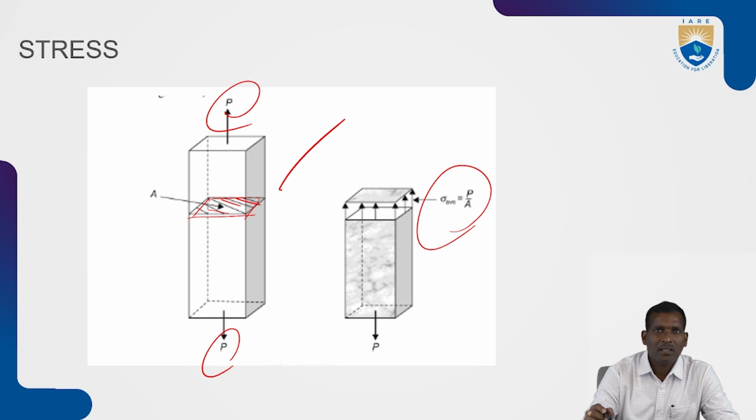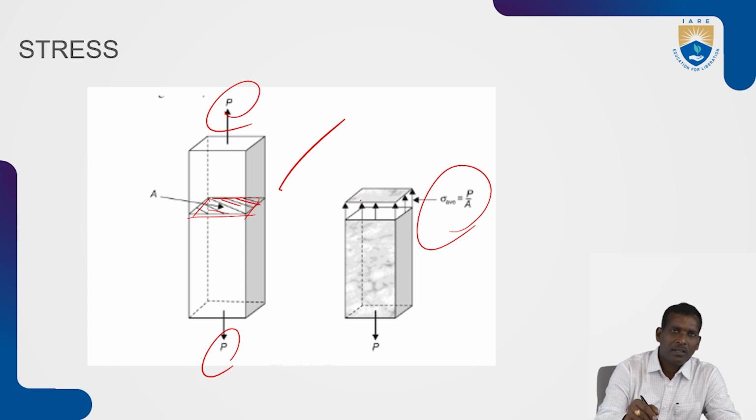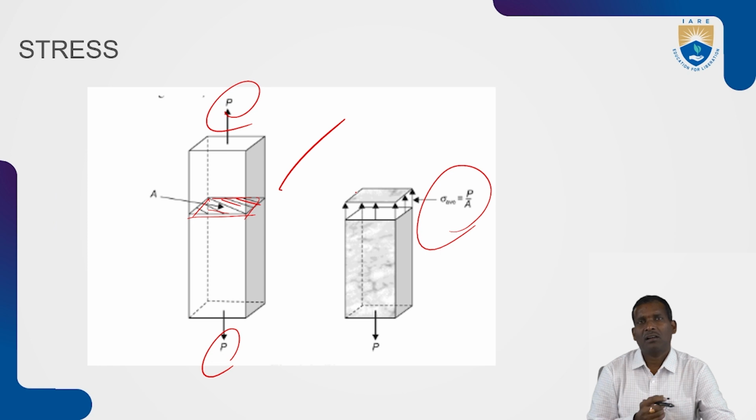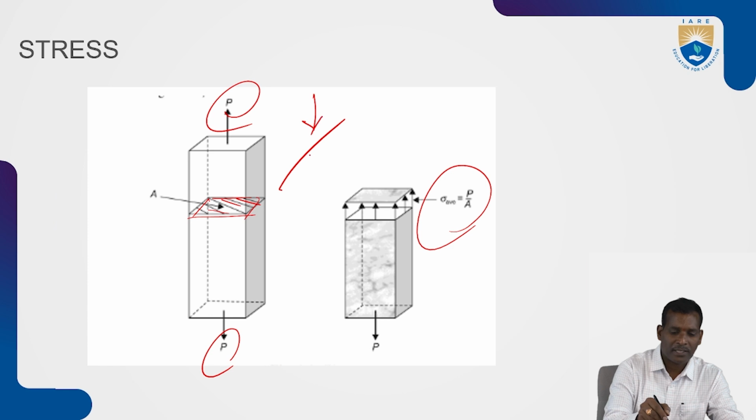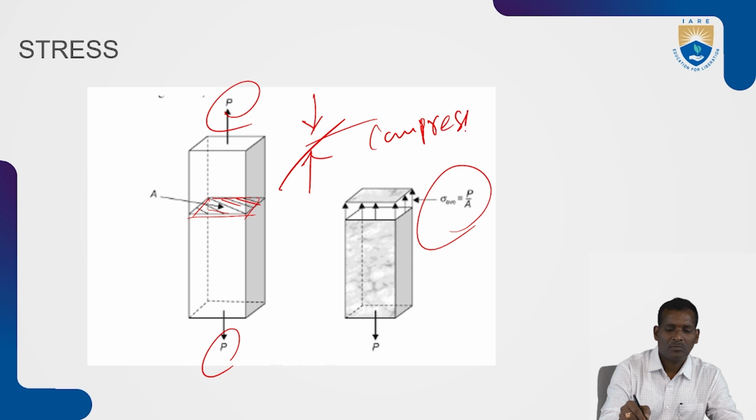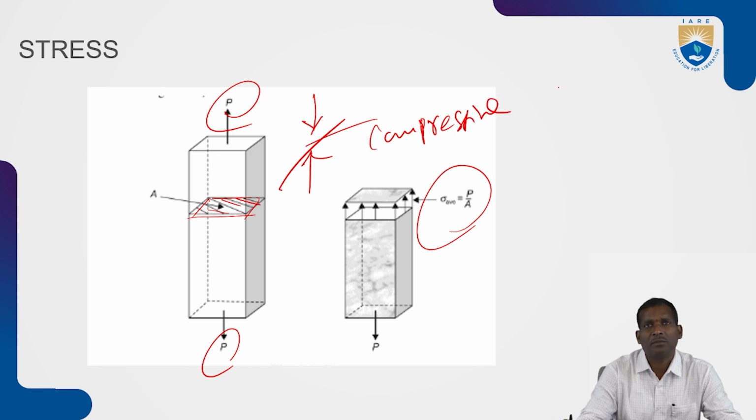So whenever the load is acting on both sides in opposite directions, that is called as tensile force. If it is in the reverse, same direction, this is compressive nature.